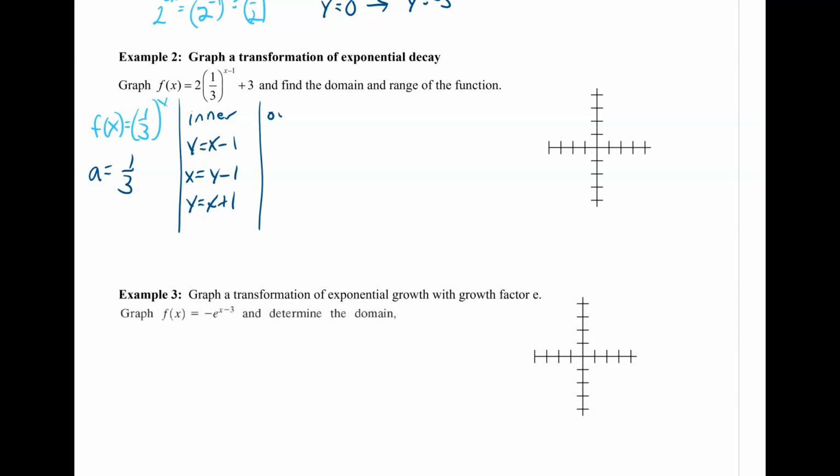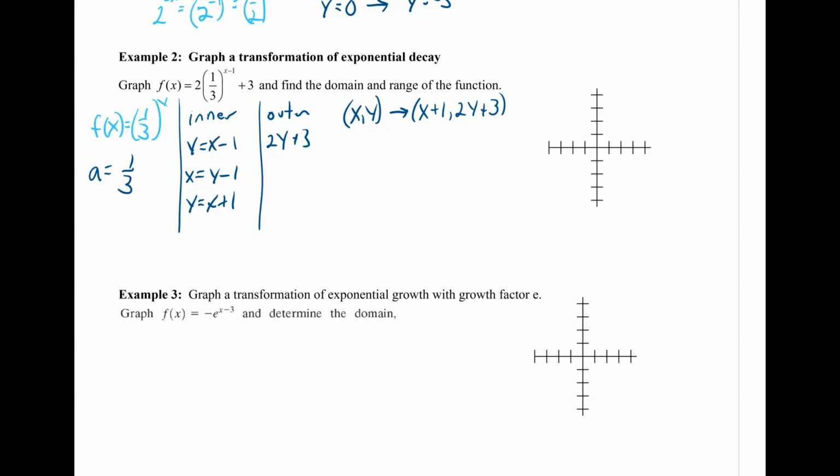And what's our outer function here? Our outer function is 2 is being multiplied by the base, so there's going to be a 2y plus 3. Everything else is either based on the parent or the exponent, which makes it the inner function. So our x, y goes to x plus 1, 2y plus 3.